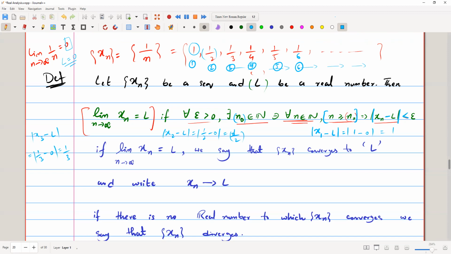That's the definition. And that's why we use this mod sign here, because we are representing a distance, that is xn minus L. We are calling it a distance. So the distances between the numbers and the limit become smaller and smaller.